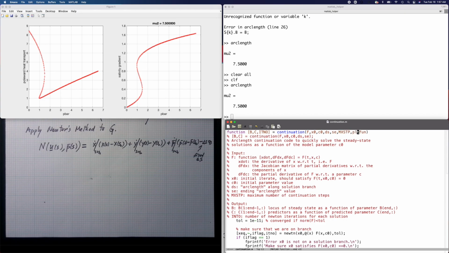Plot function is a way that you can use this to make some plots along the way, but I'm not going to use this argument.